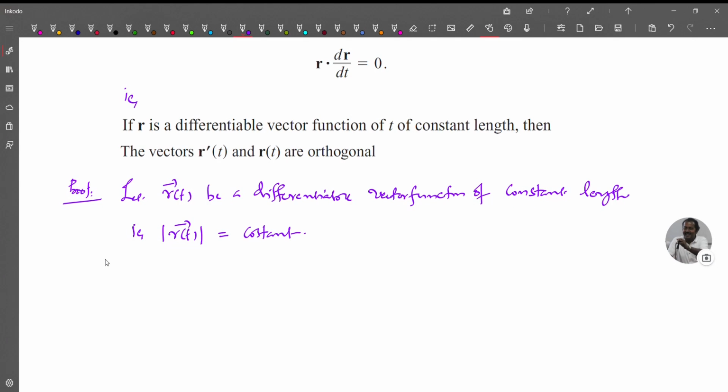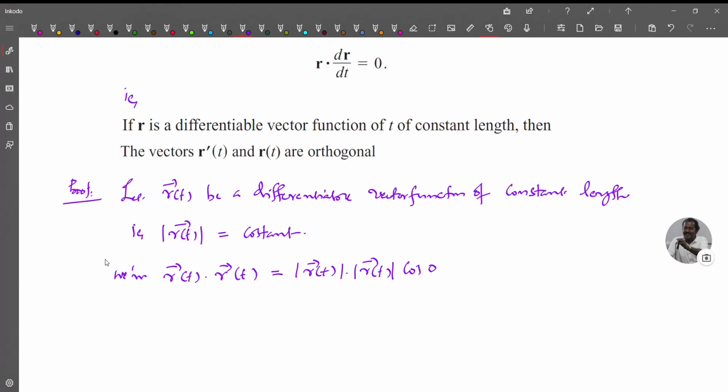We have r of t dot r of t is equal to modulus of r of t into modulus of r of t into cos of the angle between r of t and r of t, so that is 0. Cos 0, angle between r of t and r of t is 0.